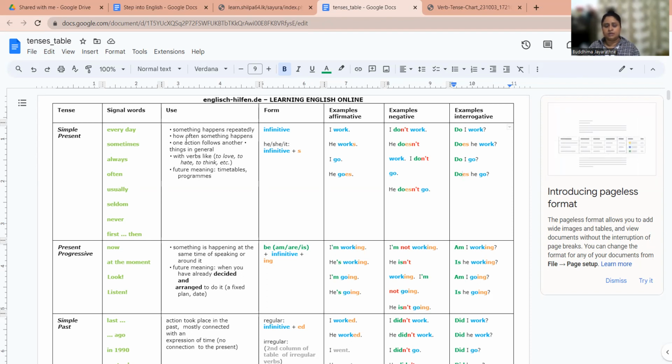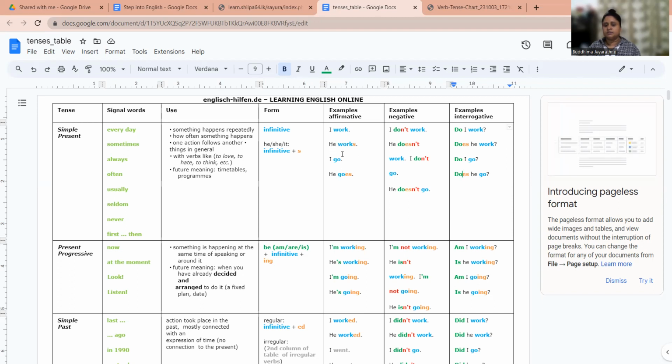I hope you can see the screen. So the signal words show you, just like first and then, one action follows another. For example, if you see these examples, you can see I work, he works, I go, he goes, just like what you saw previously.